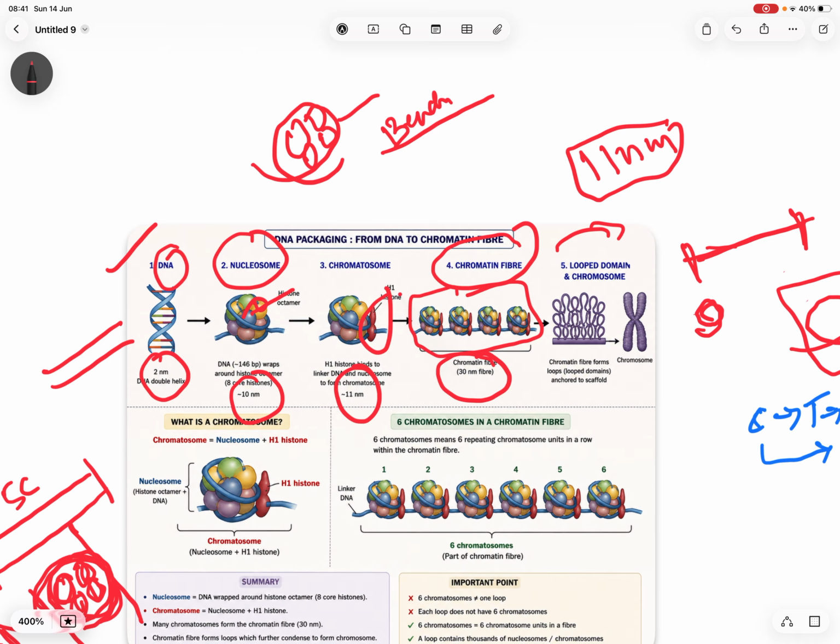At the chromatin fiber level you can see multiple such beads, multiple chromatosomes, present along the DNA. That's why we call it a beads-on-a-string structure. Further, this beads-on-a-string forms loops, and finally the chromatin fiber with loops forms the chromosome.